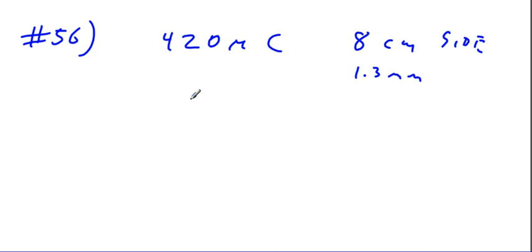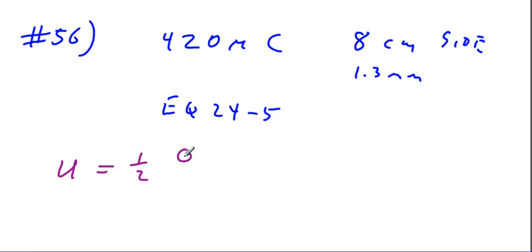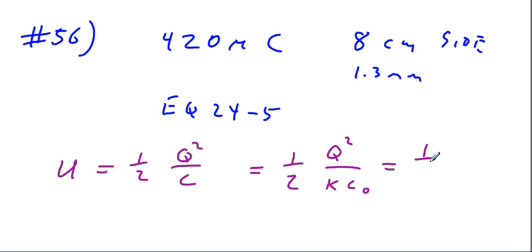Okay, then we're going to use equation 24.5, and we're going to say that U is equal to 1/2 Q squared over C, which is 1/2 Q squared over K C naught, which is going to be 1/2 Q squared D over K epsilon naught A. Okay, so we're going to do all that.